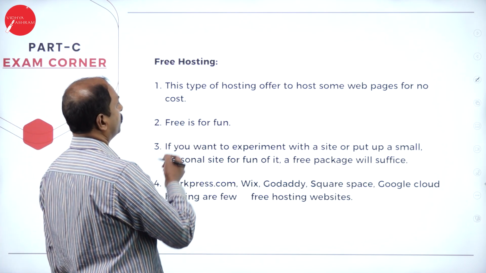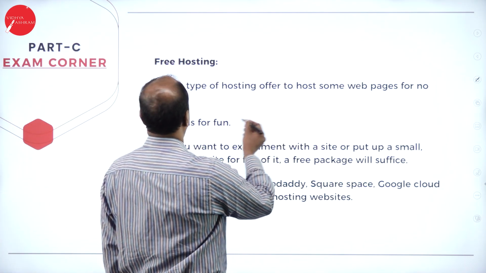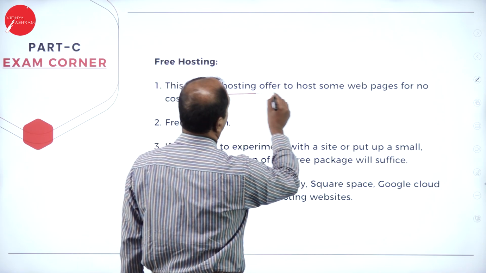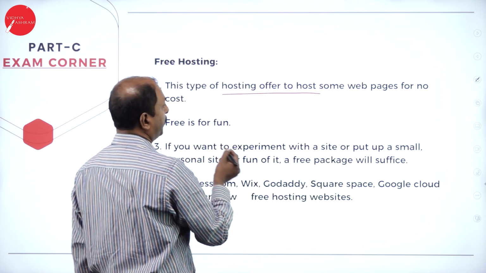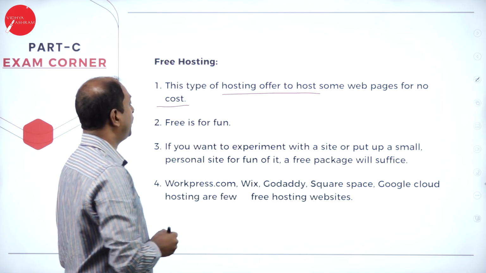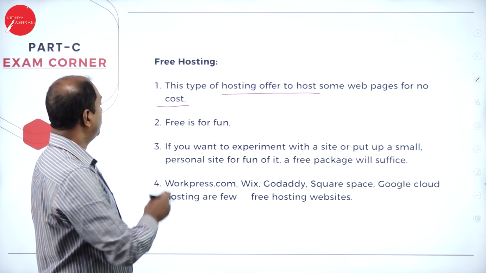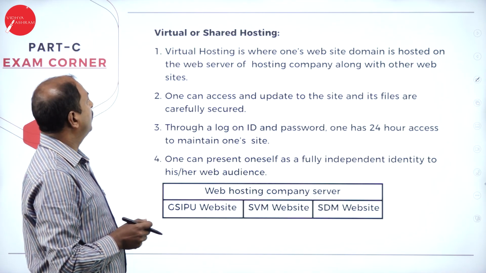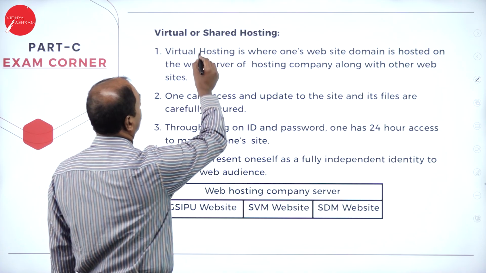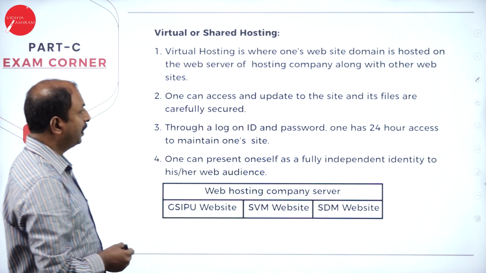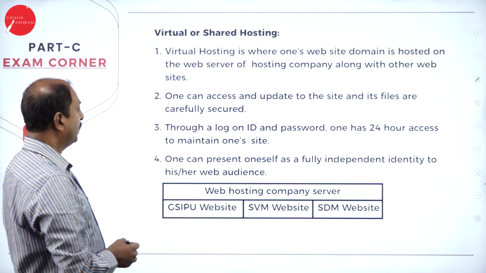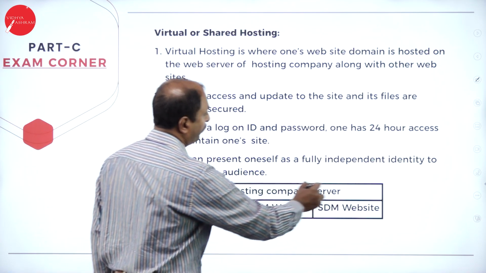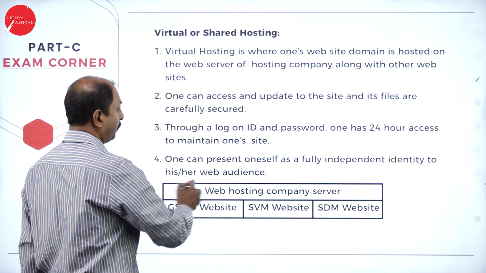One is free hosting. This is a type of hosting that offers to host some web pages for no cost, nothing but for free. This is free web hosting. Next one is virtual or shared web hosting. If you look at the diagram here, this is the web hosting server company.